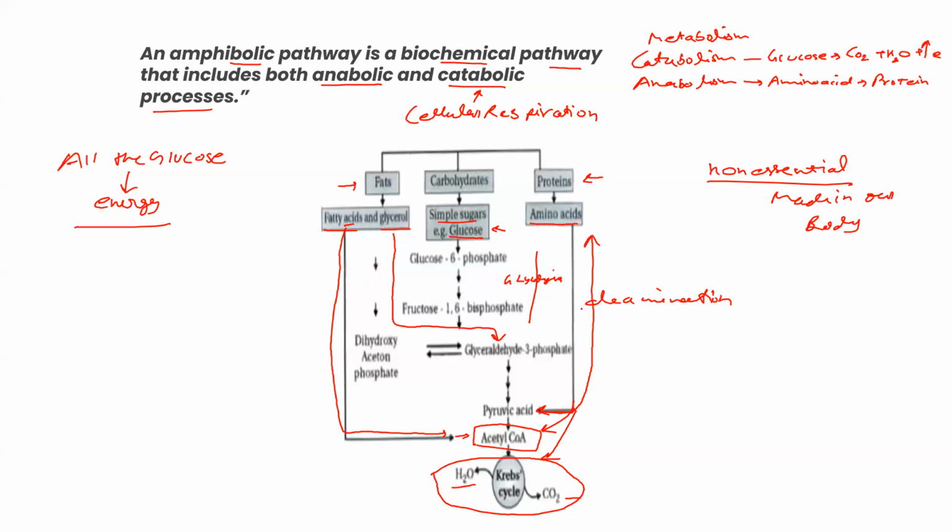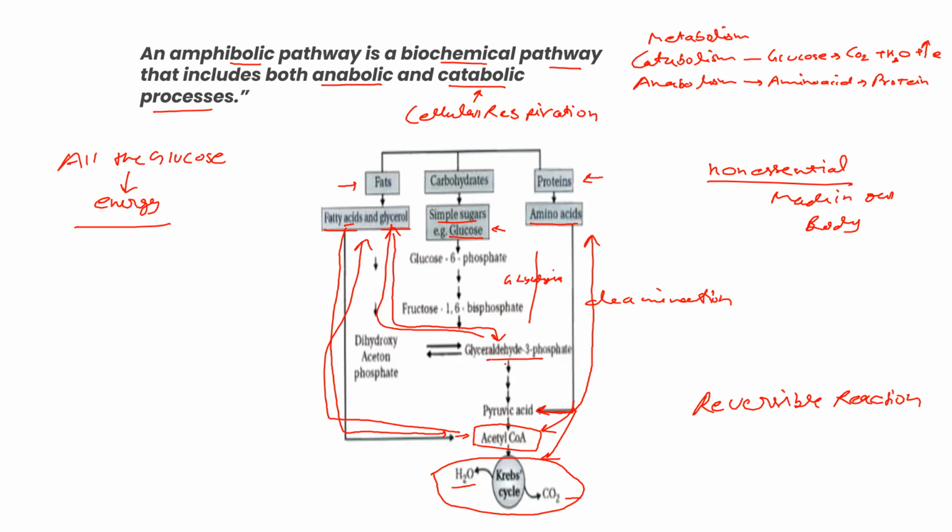Same with fatty acid and glycerol. Acetyl coenzyme A can form fatty acid, and glyceraldehyde 3-phosphate can also form glycerol. So this is a reversible reaction, because here carbohydrate breaks down and gives pyruvic acid. Amino acid can also break down and give pyruvic acid. Fatty acid and glycerol can also give acetyl coenzyme A and glyceraldehyde 3-phosphate.